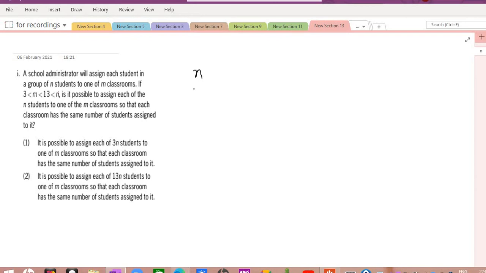Now each of these students is assigned one classroom. Let's say this is classroom 1, this is classroom 2. Each of these students is assigned some classroom, and there are a total of m classrooms.